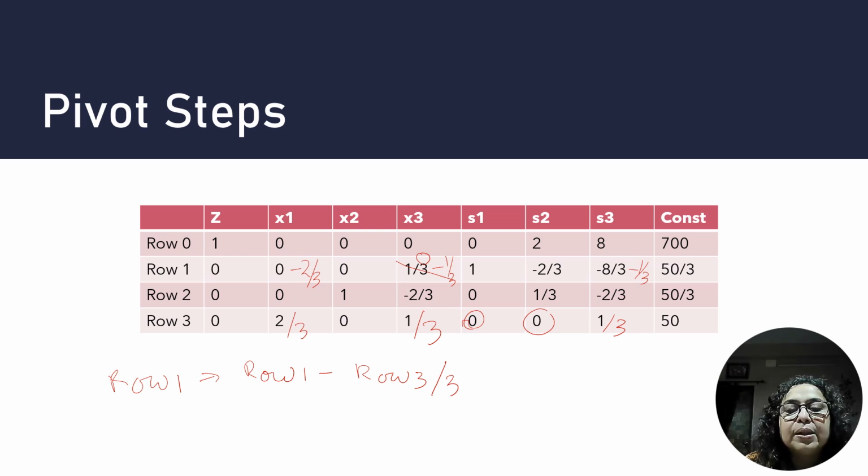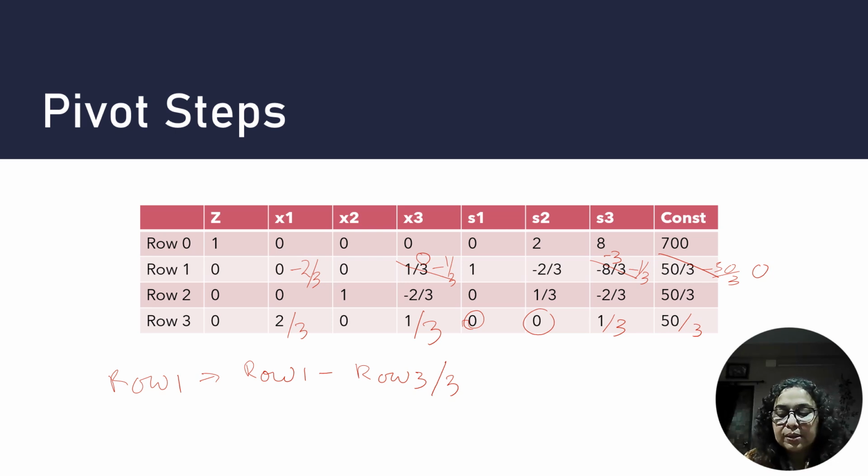And we make this 50 by 3 and we deduct it from here. Minus 50 by 3, what we get is 0.